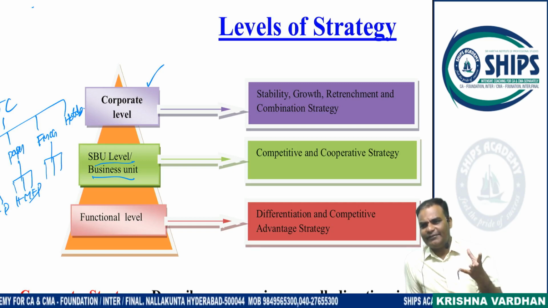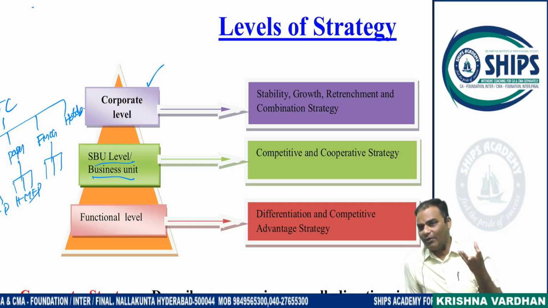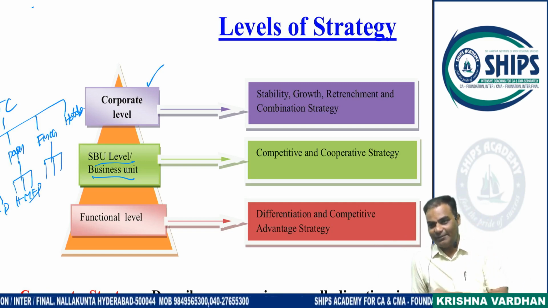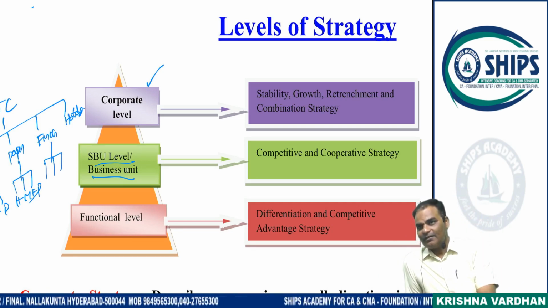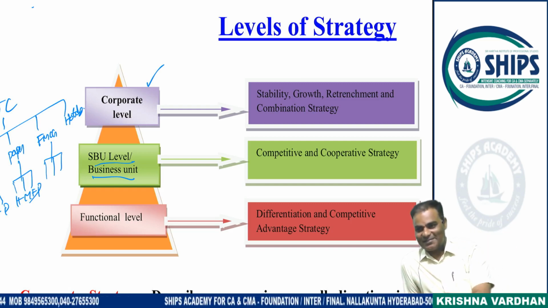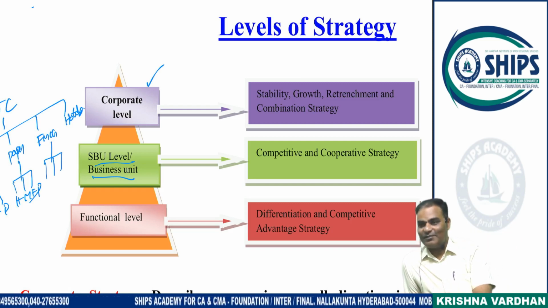Suppose you have lots of profits from all different businesses, right? You have a lot of backup. Then what would be your option? What will you do with that money? Use it for expanding the scope of it. You'll get into some other business again.